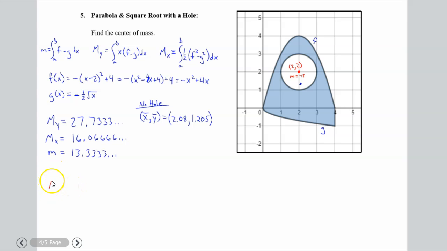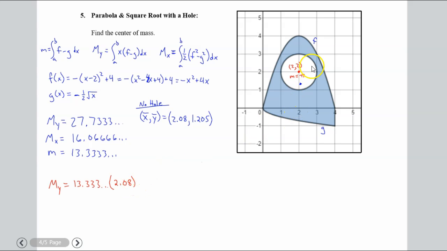So let's say my new my is going to be this value that I had before. So again, the mass or the area is that 13.33. So let's go ahead and put that down times this 2.08.